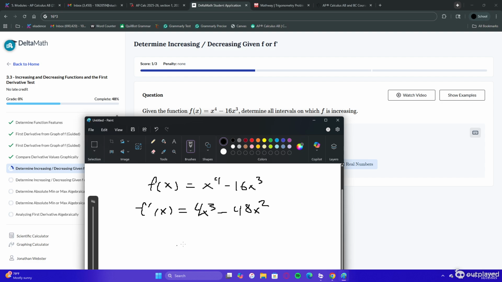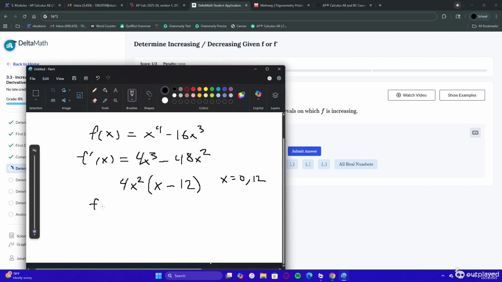So here, if you take out a 4 and x squared, you'd be left with x minus 12. And here x would be 0 and 12. So now we create the same thing where we use f prime and x, and we plug in values less than 0, between 0 and 12, and over 12.